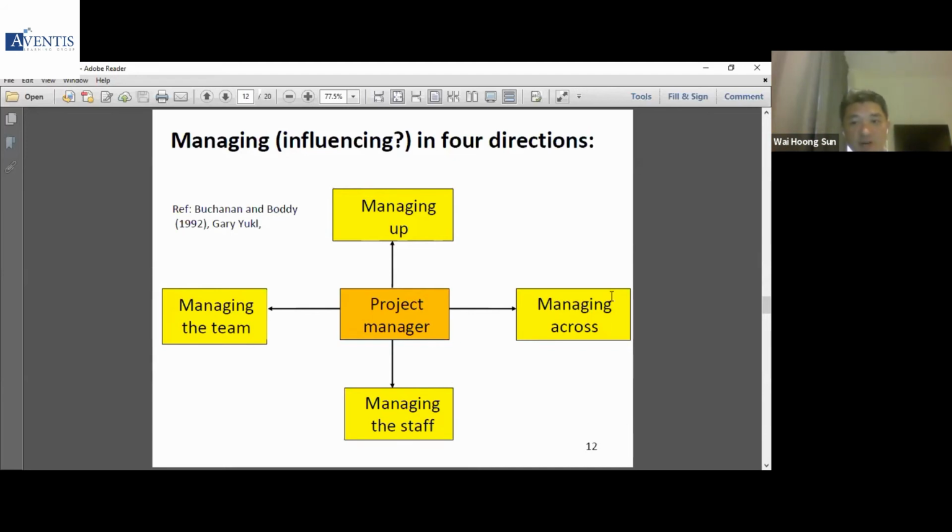As well as managing across, managing other project managers as well, so that when it comes to resources, in terms of funding, in terms of getting the people that you want into your team, there's some kind of negotiation that you can get into. So there are many different levels of project management in terms of managing the different levels of people in the projects.